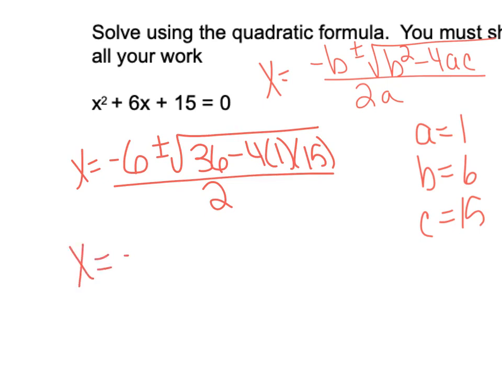Okay, and I'm going to keep moving. I have negative 6 plus or minus. Underneath the radical, I have negative 4 times 1 is negative 4. Negative 4 times 15 is negative 60. So I would have 36 minus 60 under the radical all over 2.